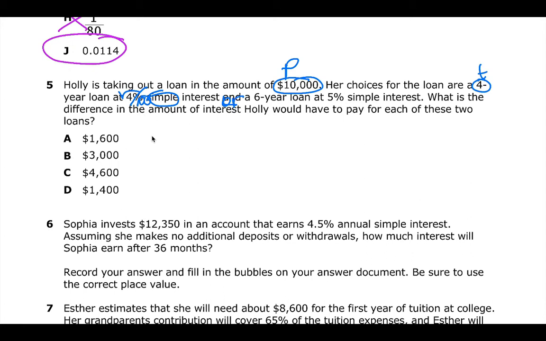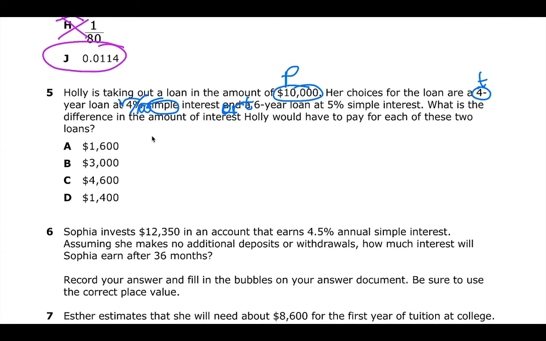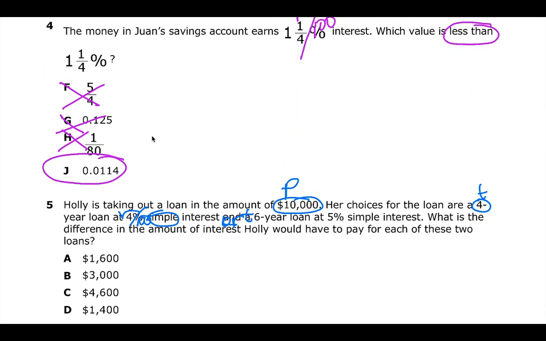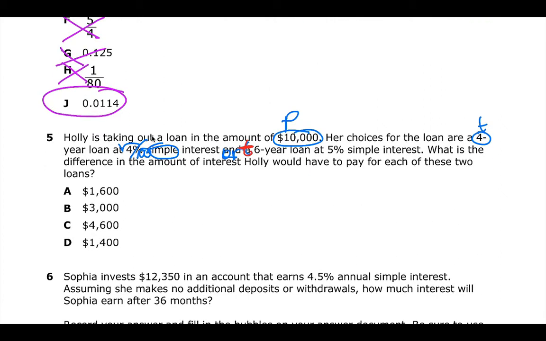A 6-year time. We changed the color because it's a whole new loan. Just write over it with a different color. We use our pen on all of it, by the way. And at a 5% simple interest rate.